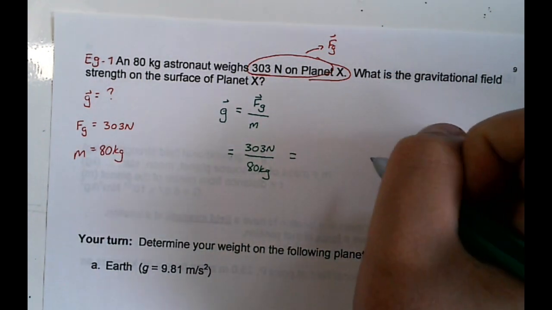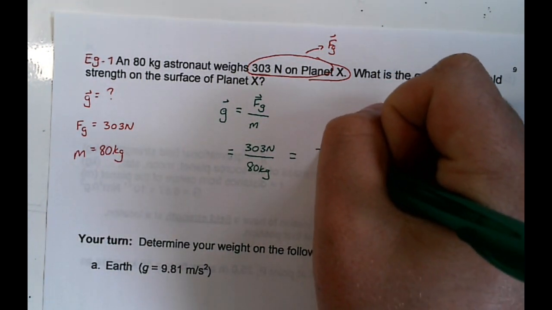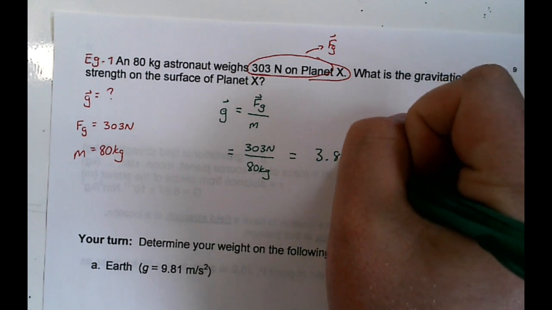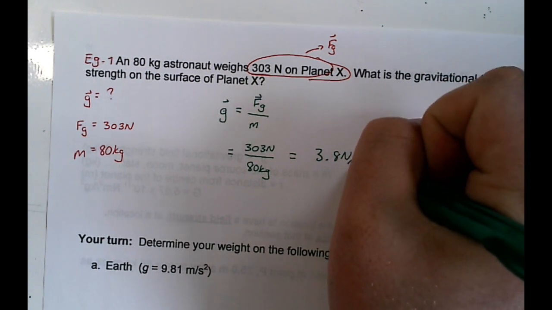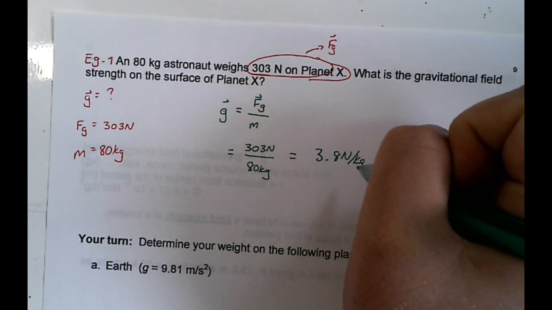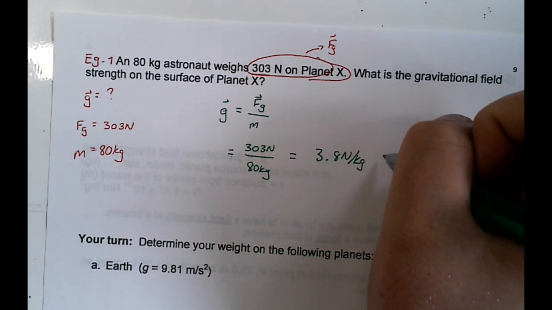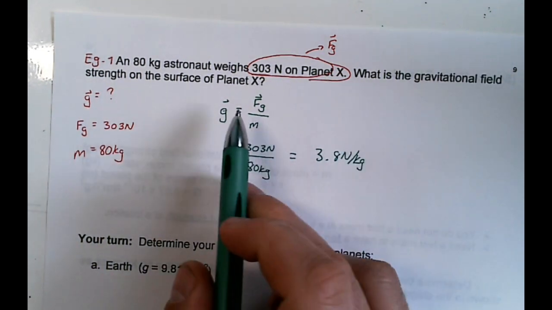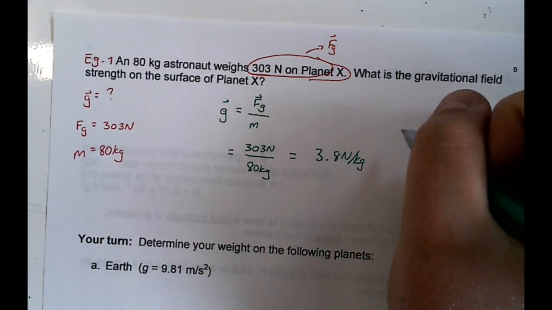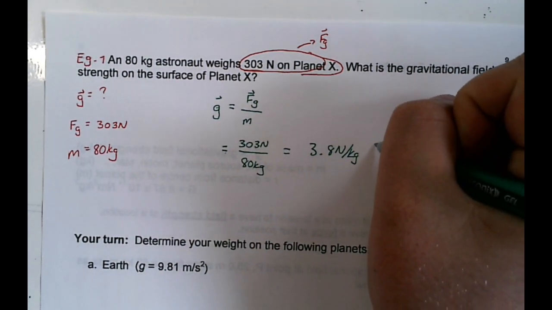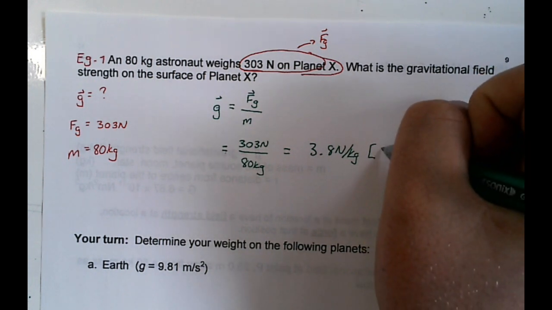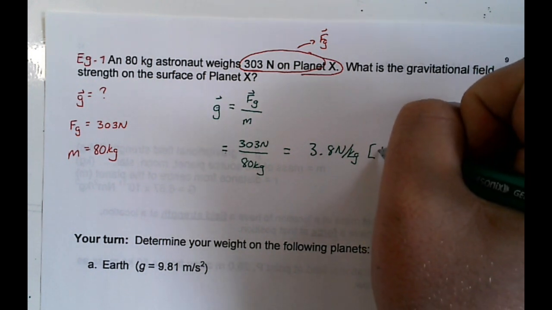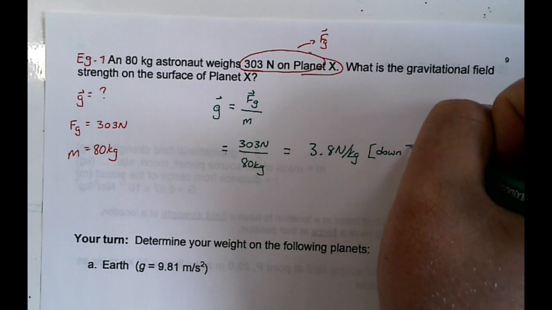That's going to give us 3.8 newtons per kilogram gravitational field strength. It's also a vector, and we know it's going to pull towards the surface. It's on the surface, so relatively we can write down a direction.